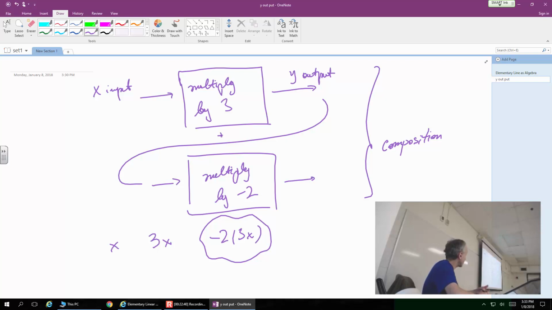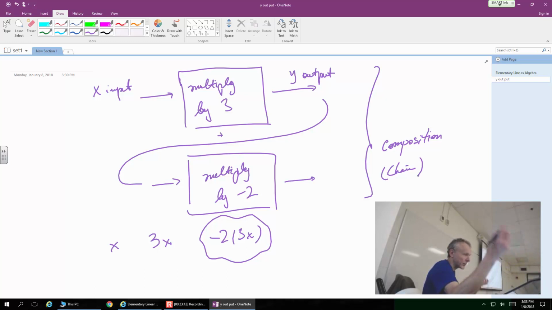The output of the first function becomes the input of the second, and you can go on. The word is chain, and that's where the chain rule comes from in calculus 1. Not that we're going to do any differentiation, but the chain could be as long as you like, and it's simply composition of functions.